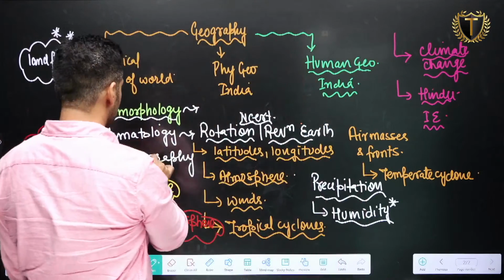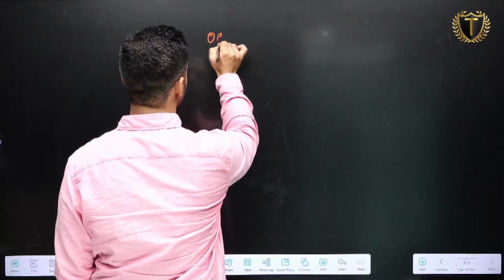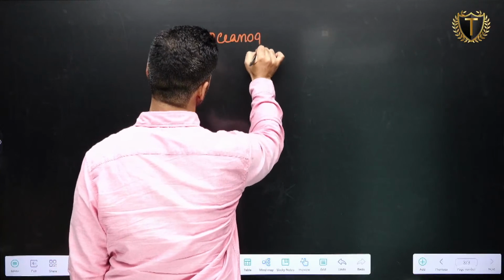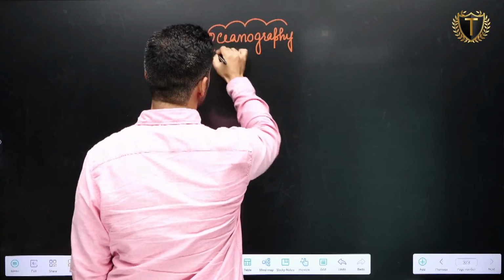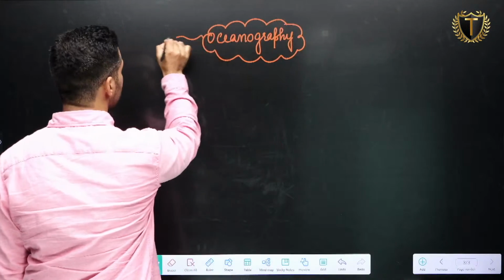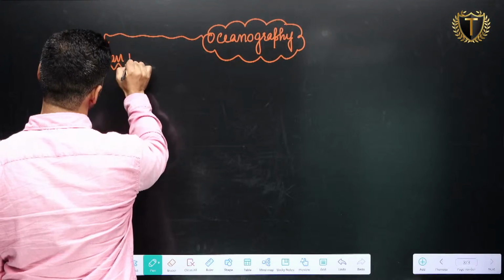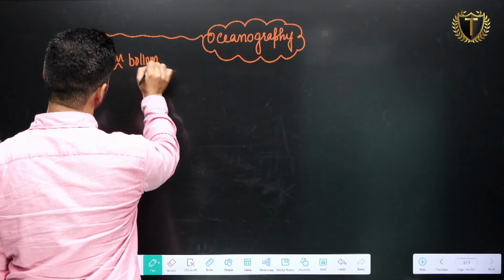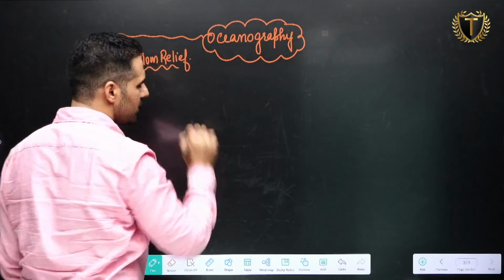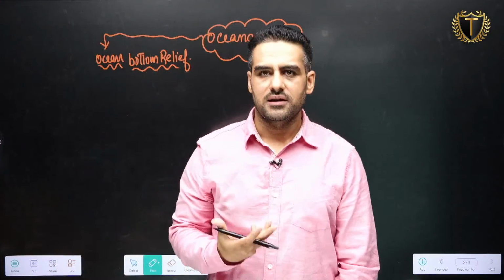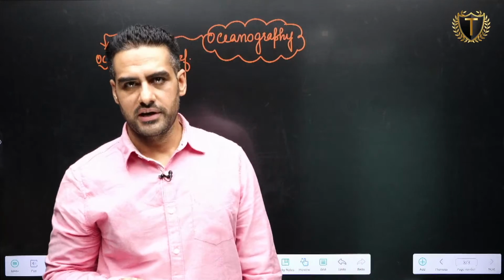Now, what is left here is oceanography. In oceanography, you will first discuss ocean bottom relief. On land we have mountains, plateaus, plains, coastal areas.